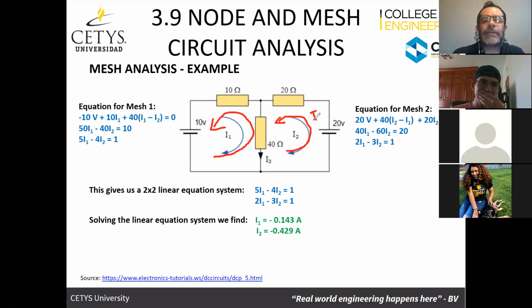And do exactly the same analysis, the same steps I did here. And what are you going to obtain, Carmina? You're going to get exactly the same values, but you're going to get them positive. That's the only difference you're going to have if you do the analysis the other way.